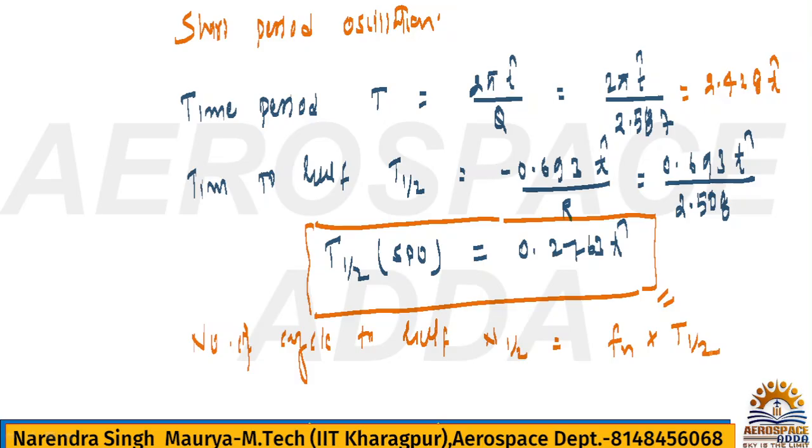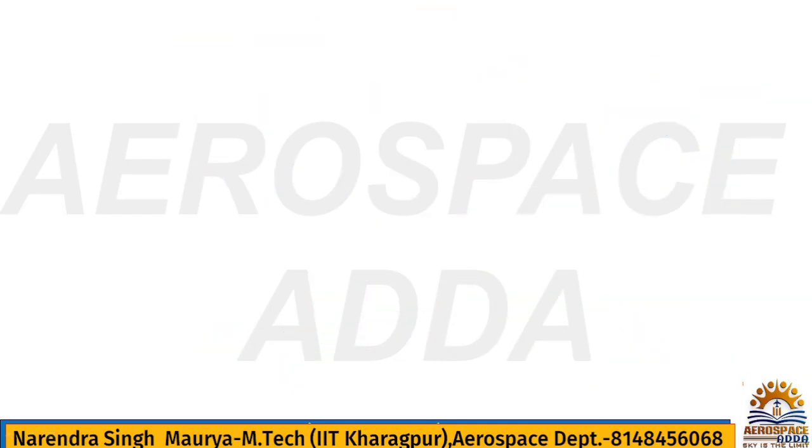Time to half T1 by 2, just now you have calculated, is 0.2763 T cap. Fn is the natural frequency, which is omega n by 2 pi, into T half, which is 0.2763 T cap.